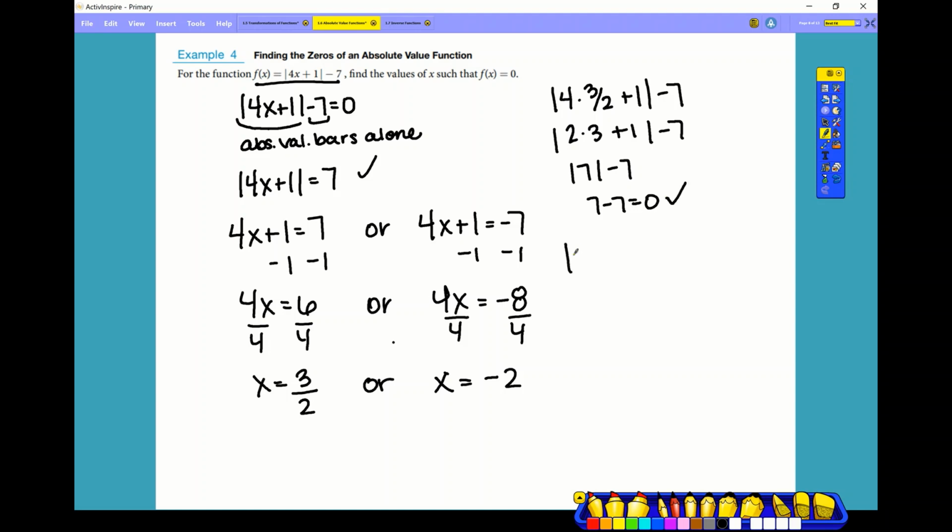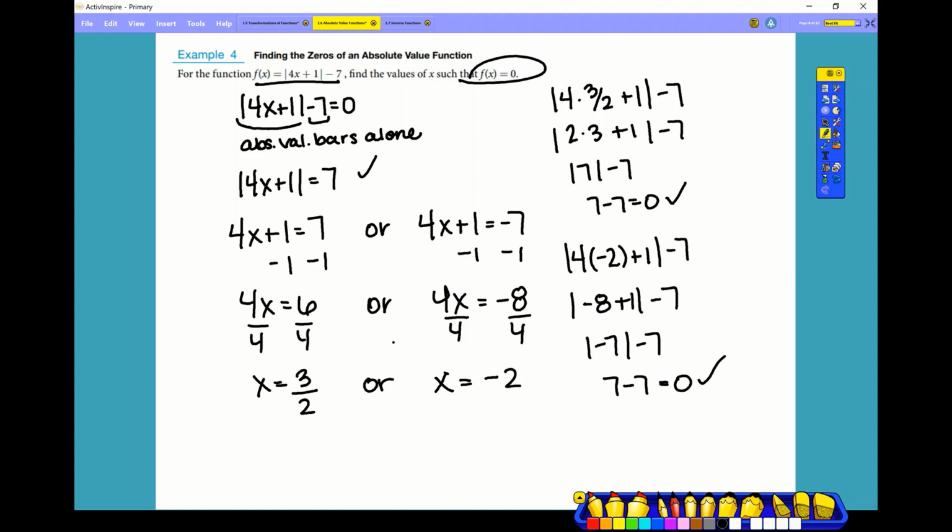That's good. 4 times negative 2 plus 1 minus 7 equals negative 8 plus 1 minus 7, and this equals negative 7 minus 7 inside the bars, so it's going to equal 7 minus 7, which equals 0, which is good, because remember we wanted it to equal 0. So these are our values.